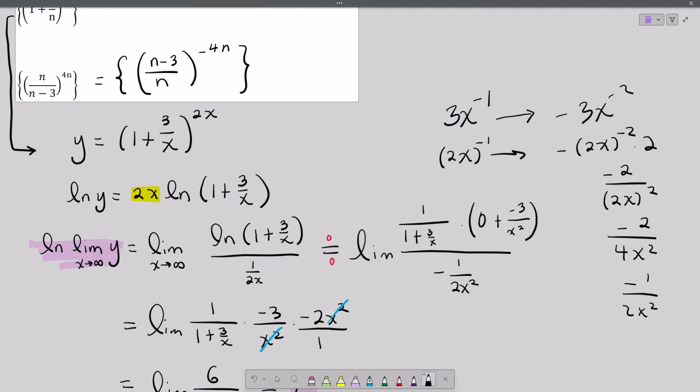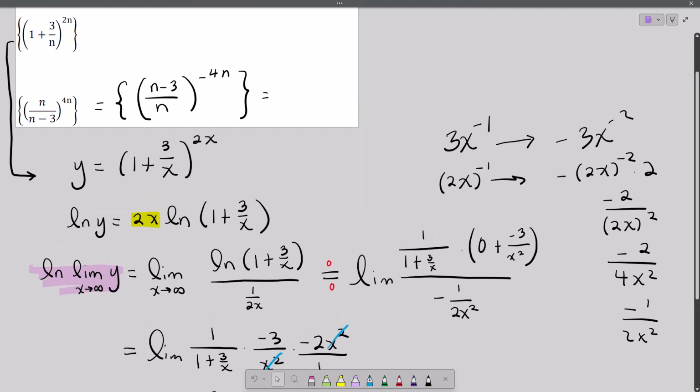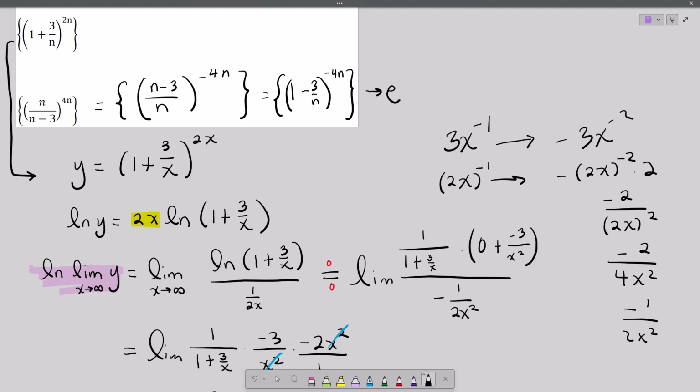Now we're getting closer. Now we can distribute the n into the numerator, and we'll be left with 1 minus 3 over n, and all that's raised to the negative 4n. And so this is going to go to e raised to what power? 12.